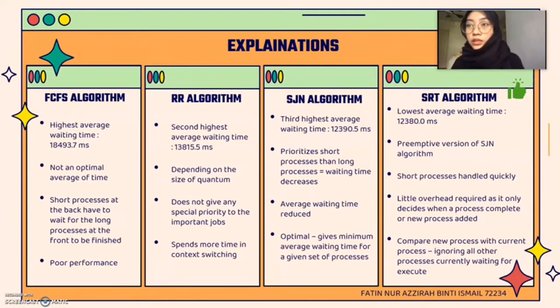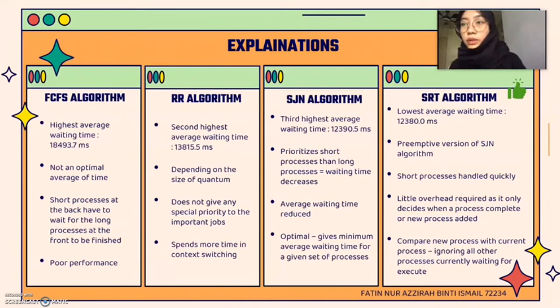The short processes that are at the back of the queue have to wait for the long processes to be finished. This algorithm has poor performance as the general wait time is quite high. Round-robin algorithm is the second highest of average waiting time, which is 13815.5 milliseconds.